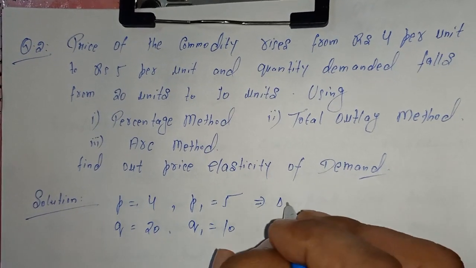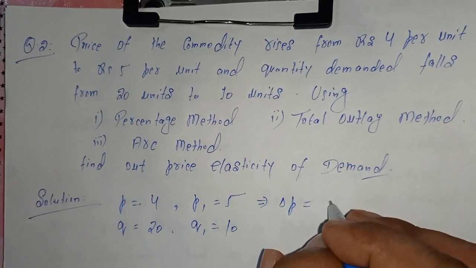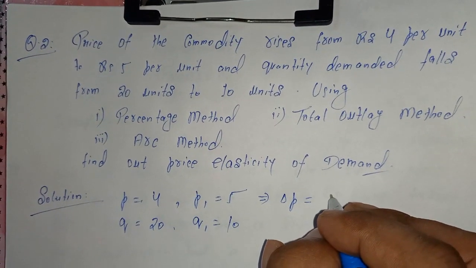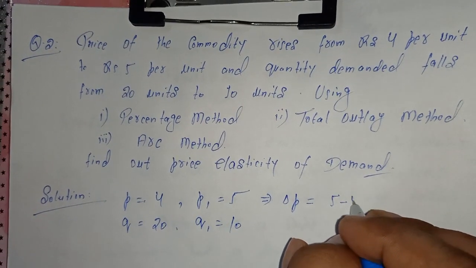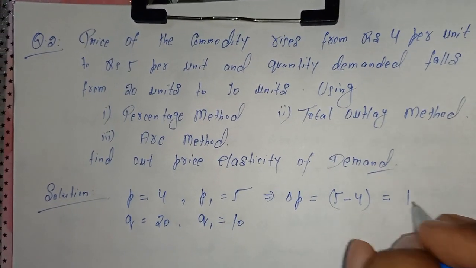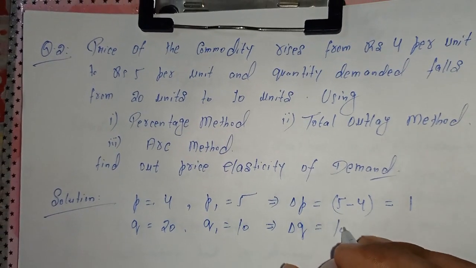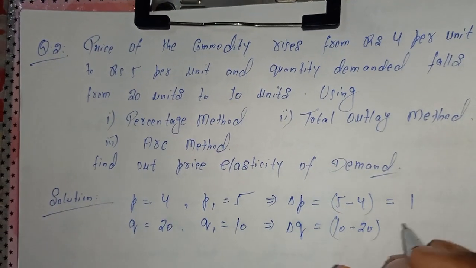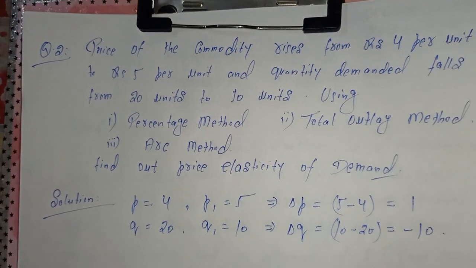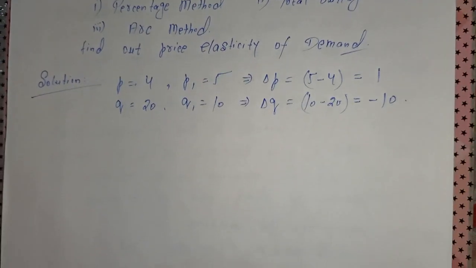From here, calculate delta P, P1 minus P, 5 minus 4 is equal to 1. Calculate delta Q, Q1 minus Q, 10 minus 20 is equal to minus 10. Clear?